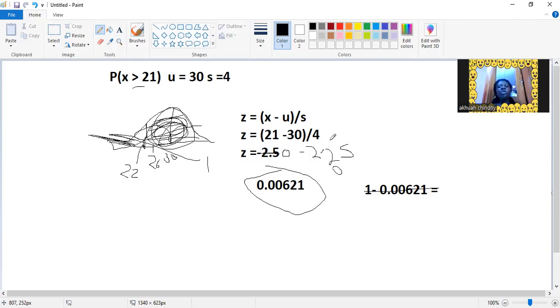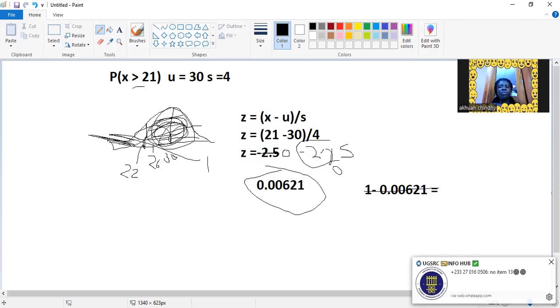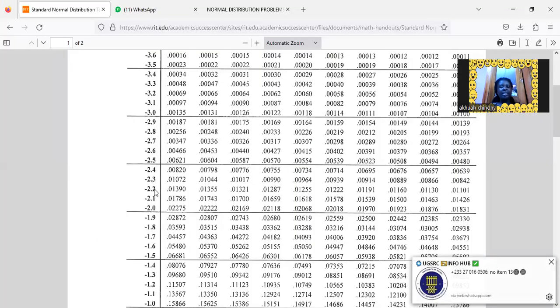In the reading, you read the first two figures and then the last figure, which is 0.05. So first we read the negative 2.2, which is here. Then we read the 0.05: 0.00, 0.01, 0.02, 0.03, 0.04, 0.05, which is 0.01222.